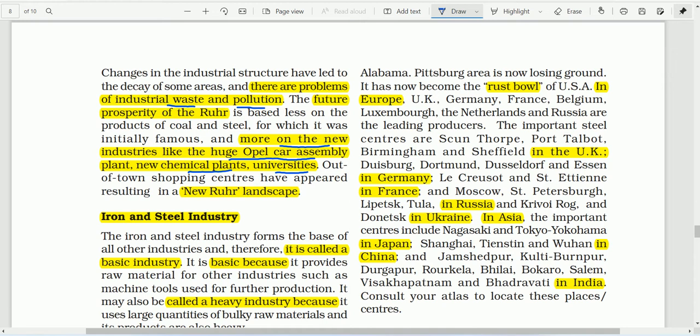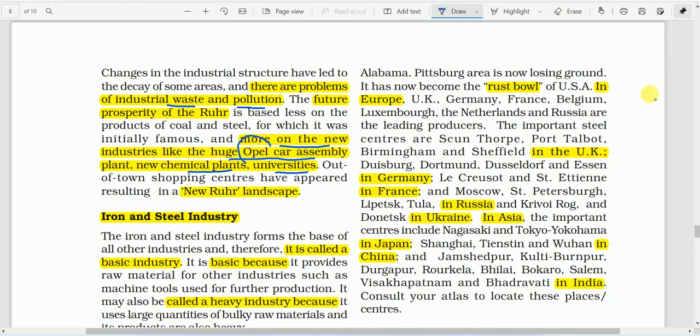But nowadays, the importance of these industries has been declining. So the prosperity of this region lies more in the new industries like the huge Opel car assembly.